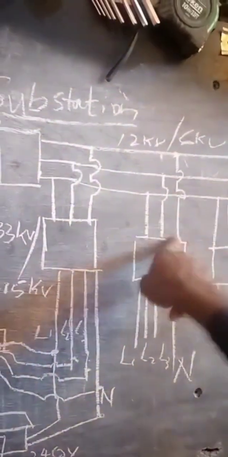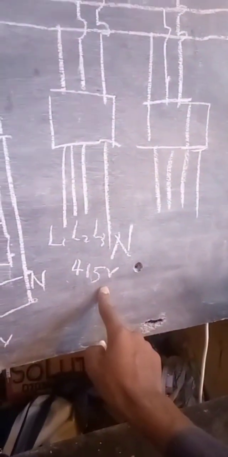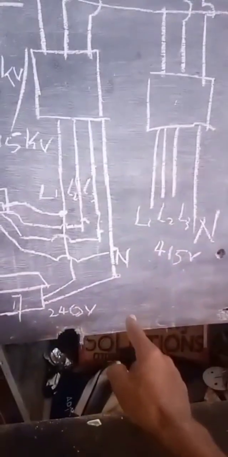So these transformers can be able to handle this voltage and give 415 volts line voltage and 240 volts phase voltage.